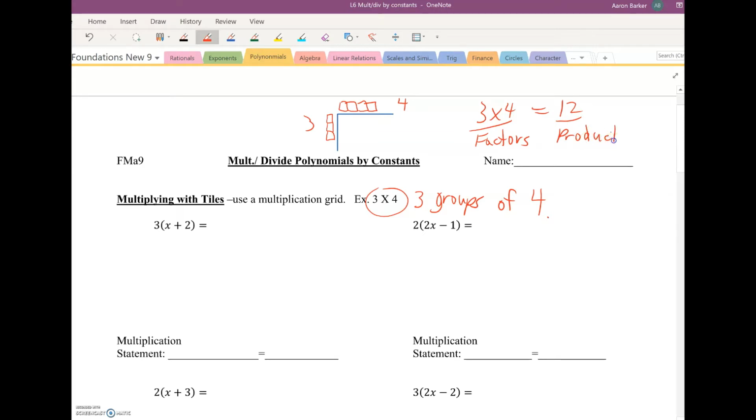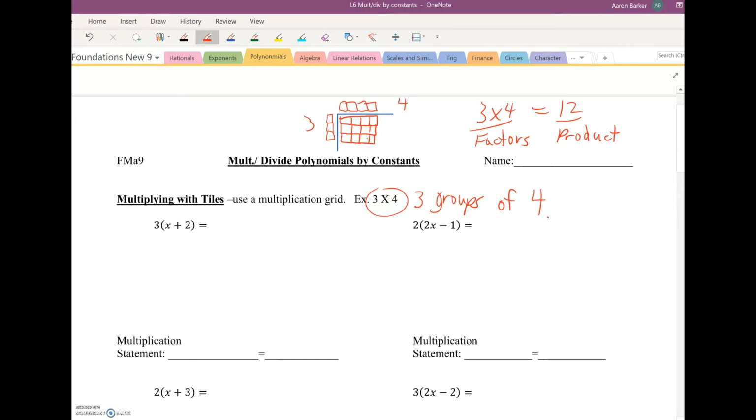So we're going to use this knowledge to do our diagram. For our diagram, we have 3 groups of 4. So here is one group of 4: 1, 2, 3, 4. Here is the next group of 4. You can see I'm kind of cheating now, just tracing the lines. And here's our last and third group of 4.